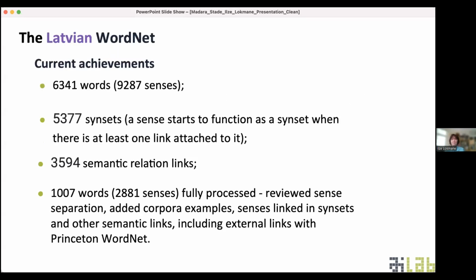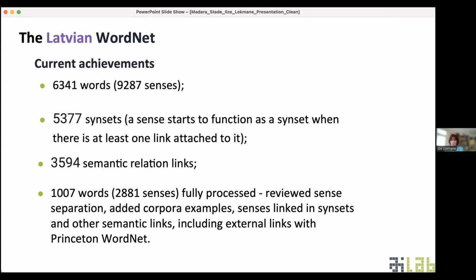The next slide. So here you can see our current achievements in figures, the number of words and senses processed, the number of synsets, and it should be noted that a sense starts to function as a synset when there is at least one link attached to it.